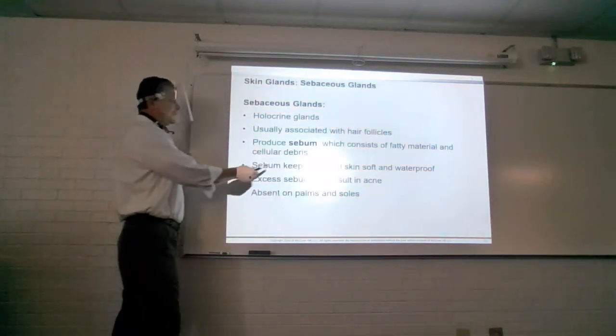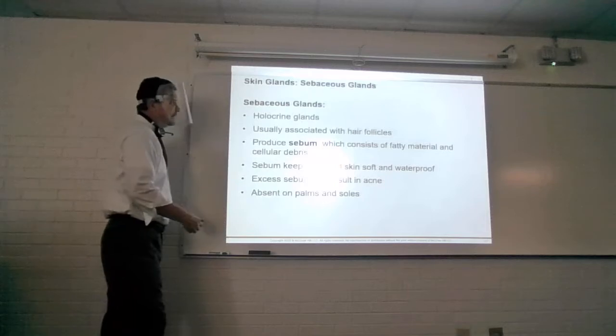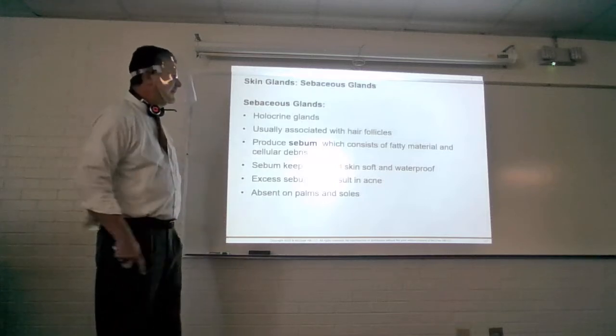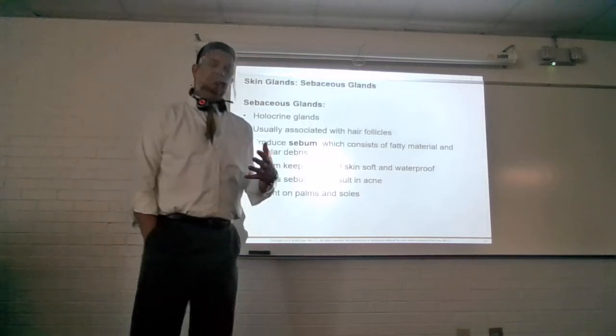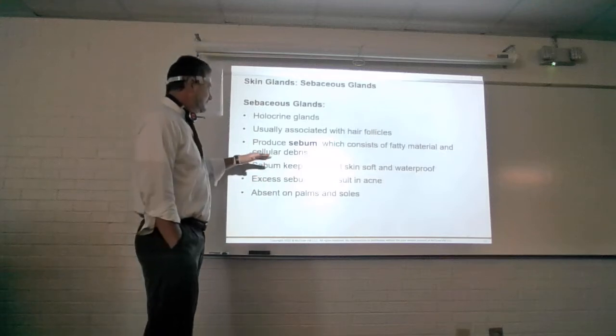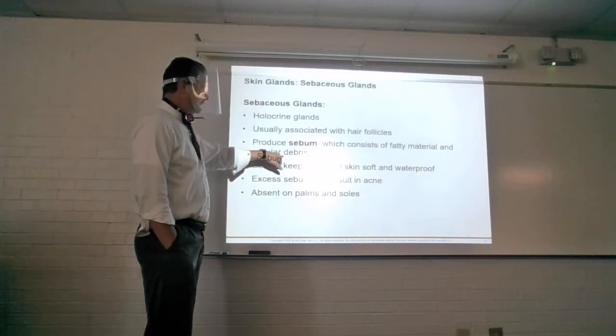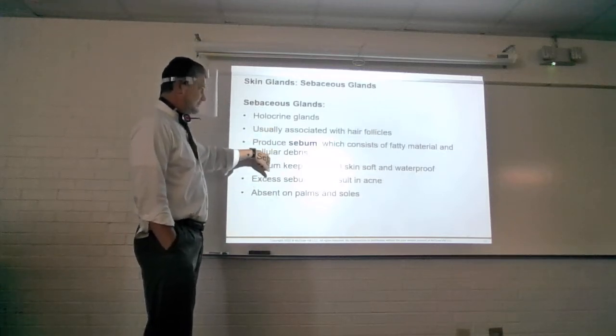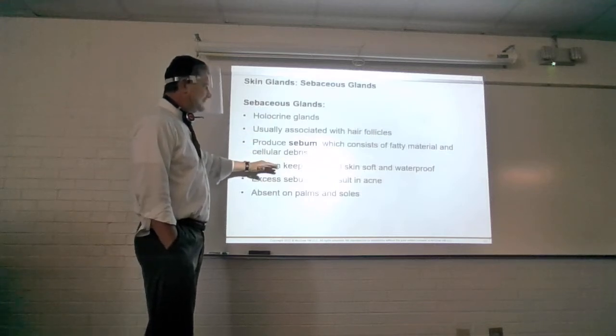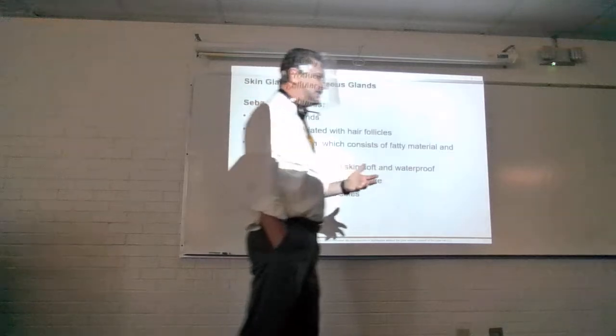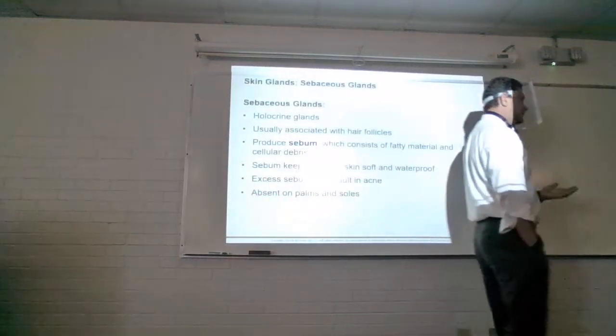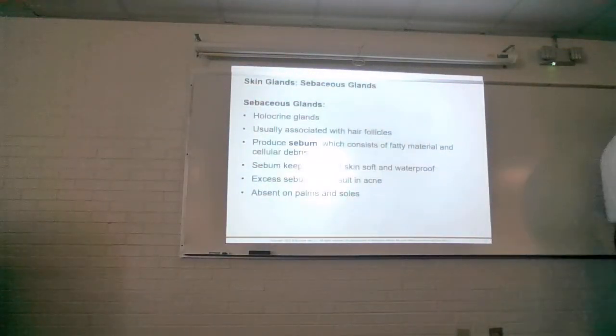The substance it produces is called sebum, all right, sebaceous, sebum. And so sebum is going to be a lot of fatty material in general, obviously cellular debris because the whole cell ruptures. But this is designed to help keep the hair waterproof first and foremost, and it helps keep the skin waterproof.